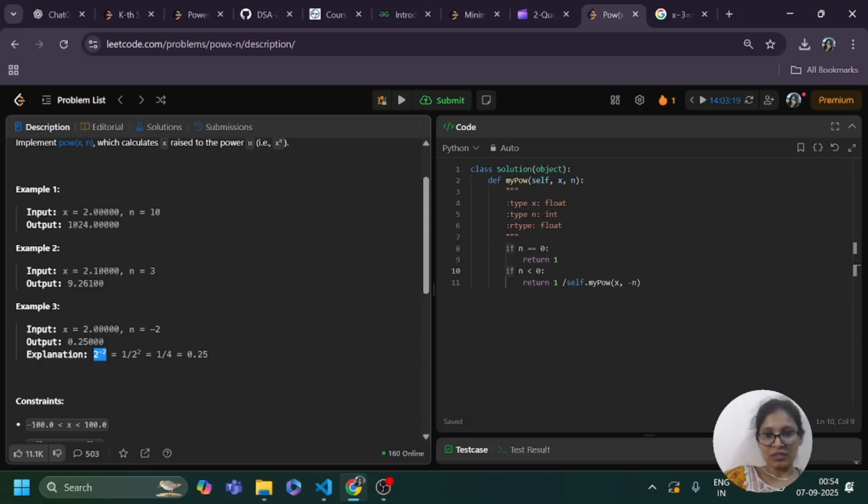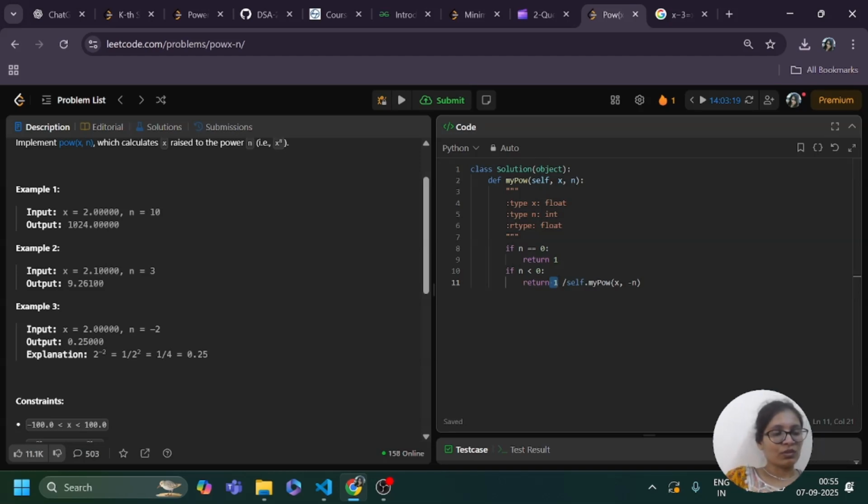Here you can see 1 upon self dot myPow x comma minus n. Sorry, 1 upon self myPow x minus n. So that means 1 upon x to the power n equals x to the power minus n.